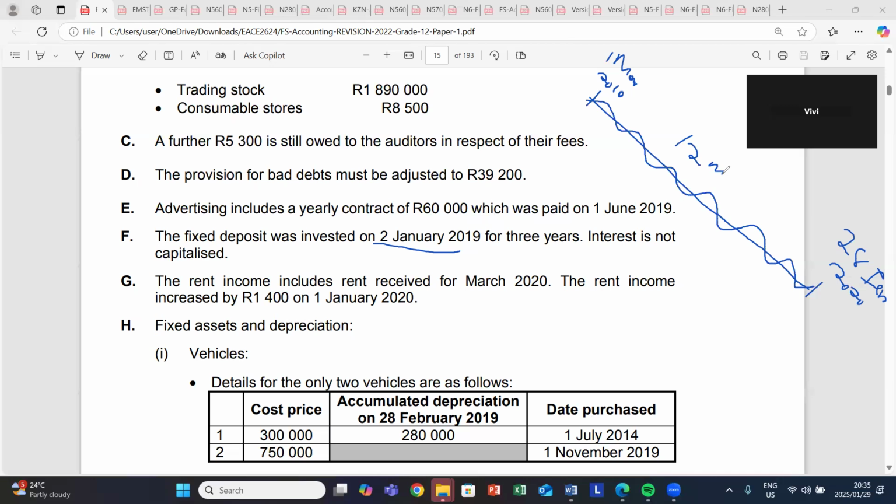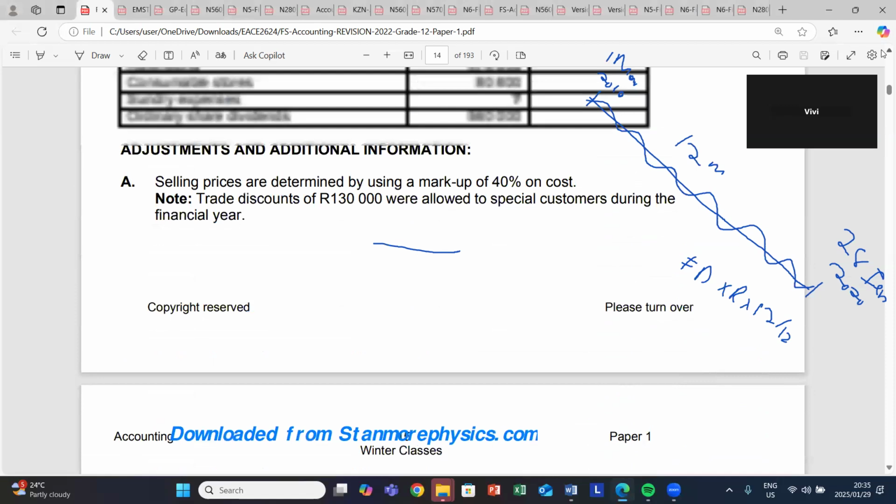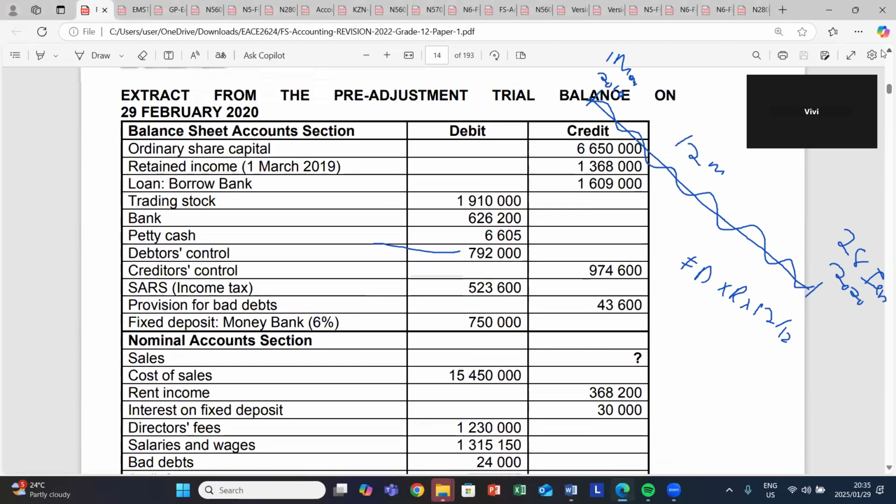So how are you going to do that? It's quite simple. Let's check our fixed deposit. You will say your fixed deposit multiplied by your rate, multiplied by 12 over 12, because you're going to receive interest for the whole 12 months. How much is our fixed deposit?